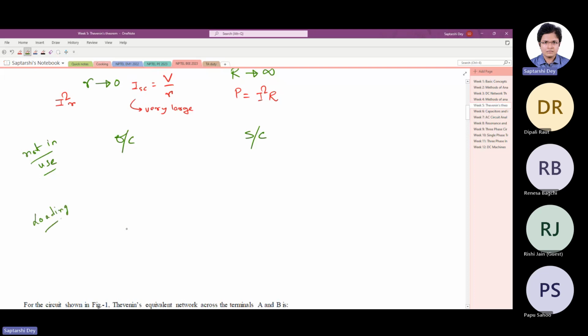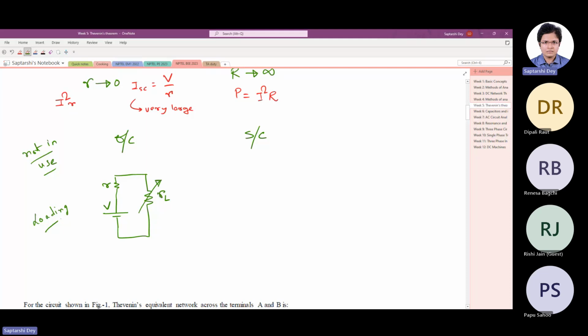Loading, if we see, this is the voltage V, R, and this is the load resistance RL, let us say. Now this is variable. What happens when I reduce the value of R?